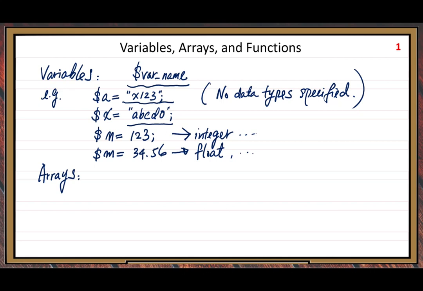You need to assign values to the array elements, the array indices. But before you use an array, you need to declare it first. You need to create an array variable first. Here I just use some examples.